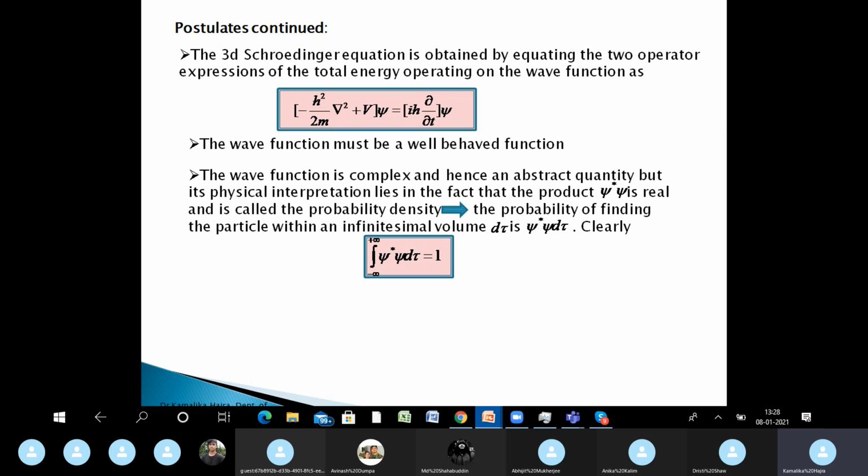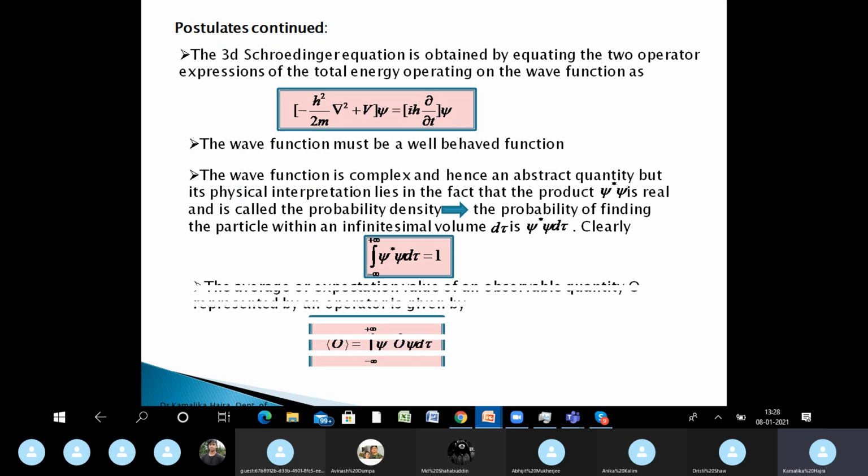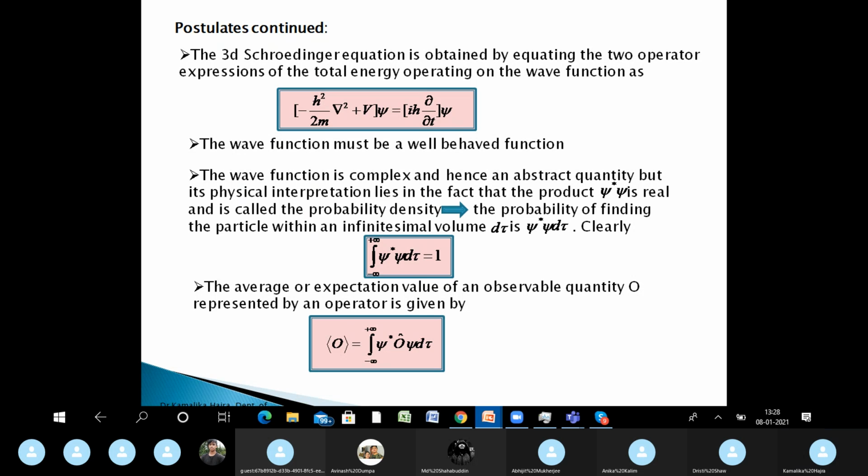And since the probability of finding the particle somewhere has to be 1, we have the condition: integration from minus infinity to plus infinity of psi star psi d tau equal to 1. The average or expectation value of any quantity O is given by the integration from minus infinity to plus infinity of psi star O psi d tau.